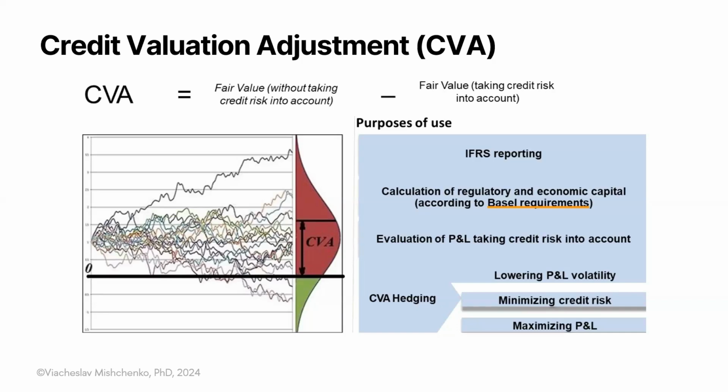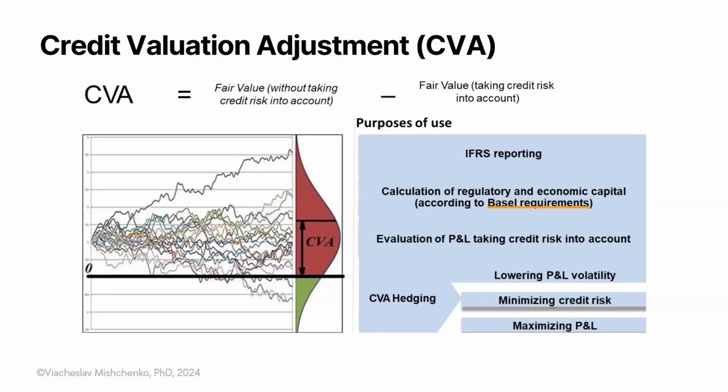One key insight from my experience is that CVA can be a significant source of P&L volatility. Actually, during the financial crisis, the 2008 CVA losses were substantial for many banks. As you can see, calculating CVA isn't trivial.